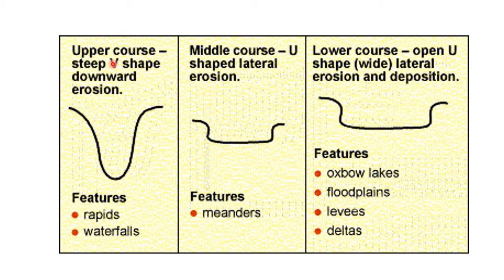In the middle course, when the river has entered the plain, we see the river meandering, okay, we'll learn about these formations. And in the lower course we see the formation of oxbow lakes, flood plains, levees and deltas. So we are going to learn all these in detail in our next slide.